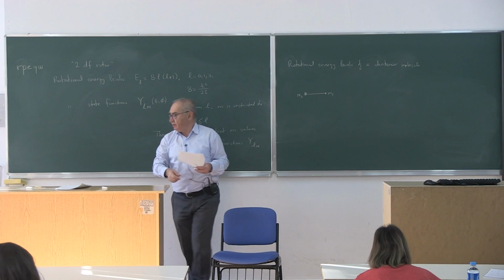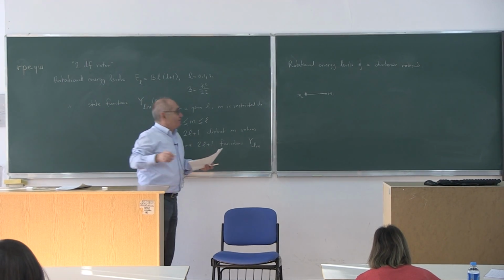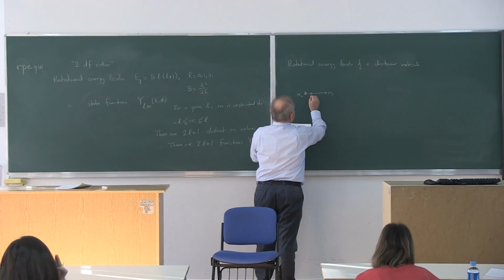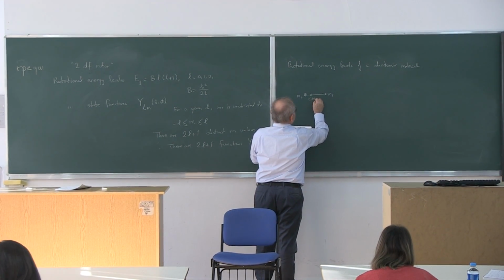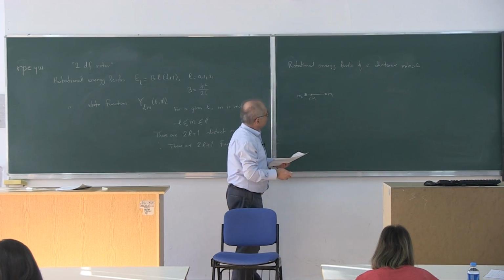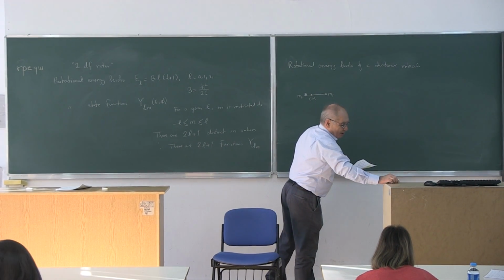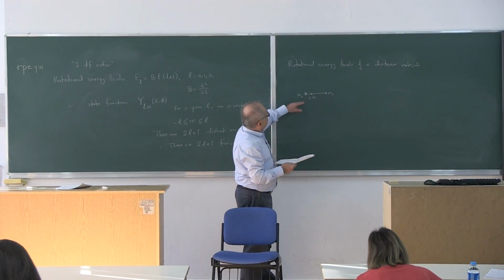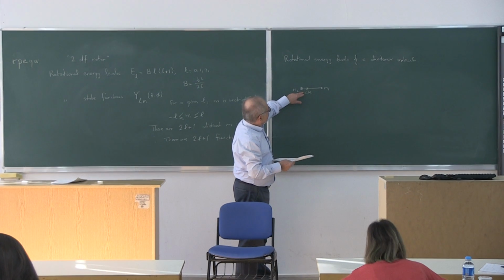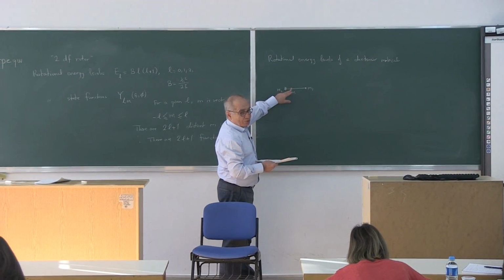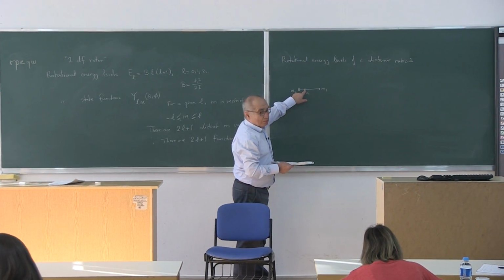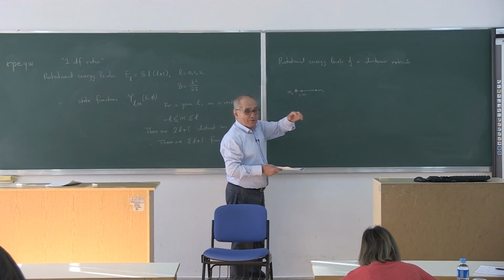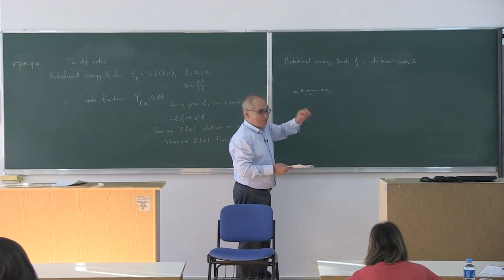There is a point called the center of mass. Now, let us consider the rotation of such a diatomic molecule about the center of mass, which means during the rotation, the center of mass is not going to change. It's fixed in space.